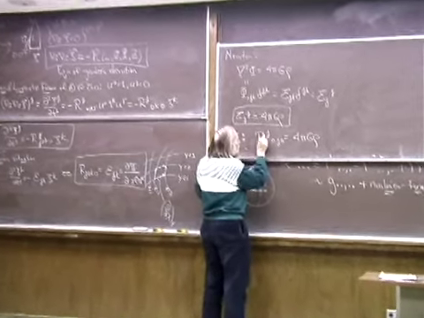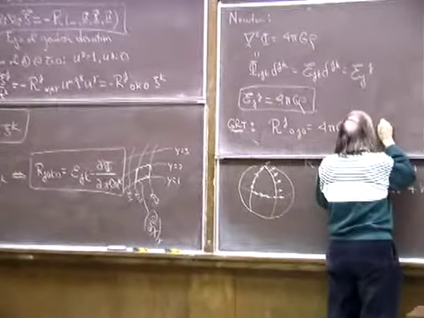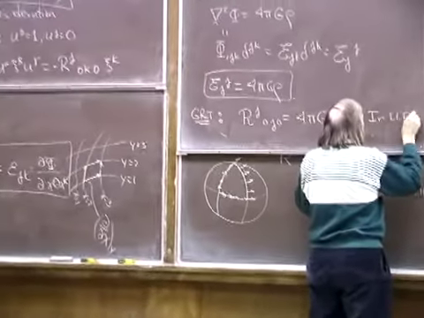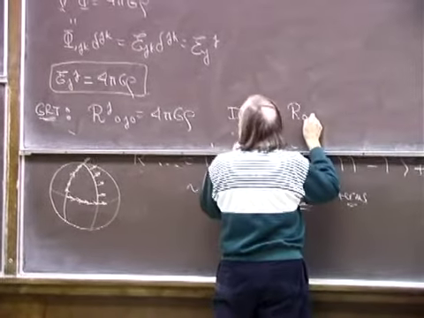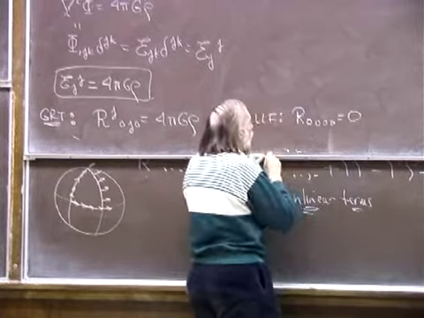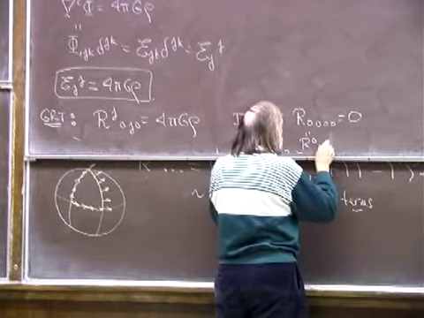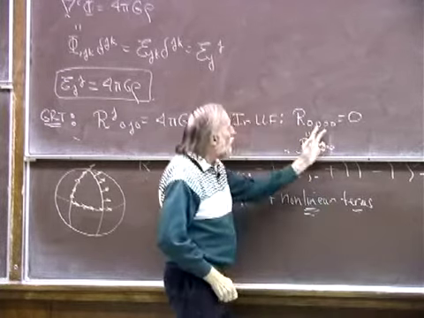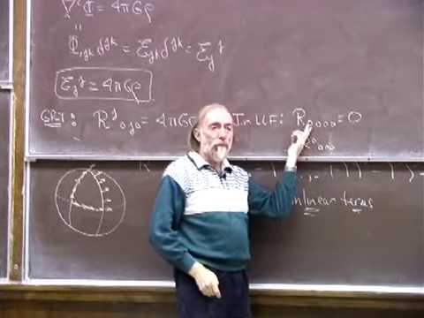This pair, the spatial indices, well, it's worth noting that in the local Lorentz frame, R^0_{000} is equal to 0, and similarly R_{0000} is equal to 0. Why? By antisymmetry on this pair or on that pair, either one of them.